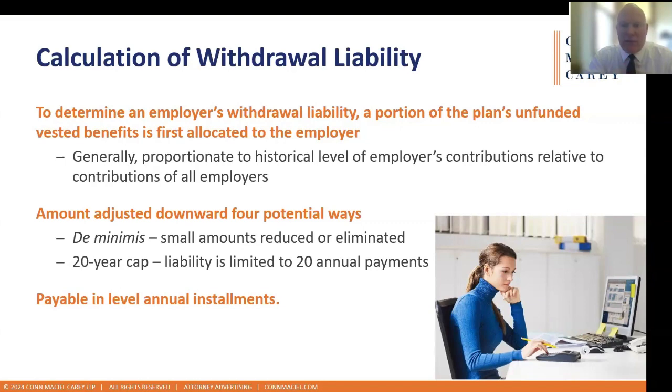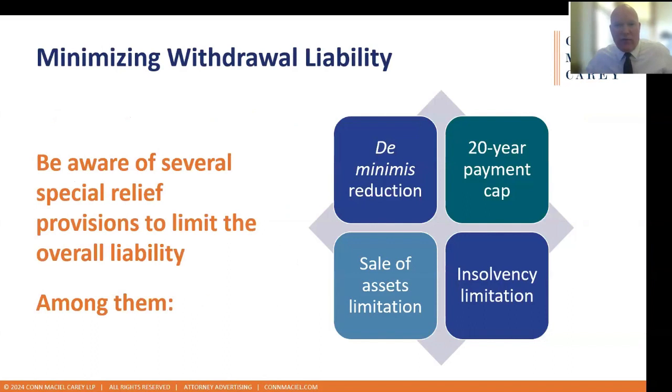Then they apply different interest rates to those assumptions. Employers have been increasingly challenging the interest rates used to value the unfunded vested benefits, and there are 3 cases that we'll discuss briefly later on where employers have prevailed in challenging those interest rates. So be aware of that.